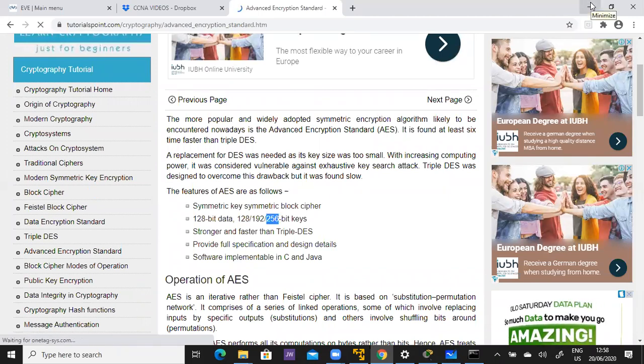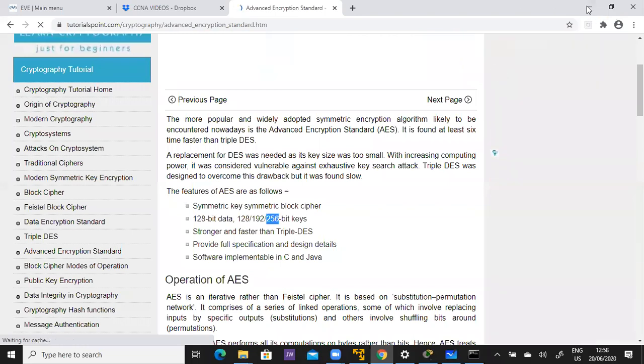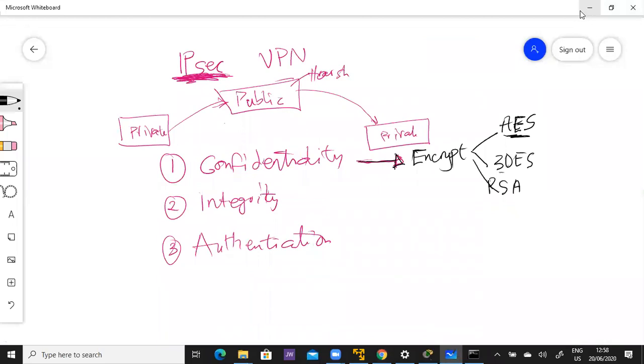What I'm trying to do is, if you want to read something on AES, you can, but you don't have to go into detail. So this AES, we can have 128 bits, 192 bits, 256 bits. You see, the higher the number, the stronger the encryption.